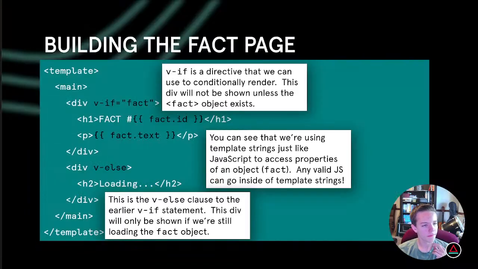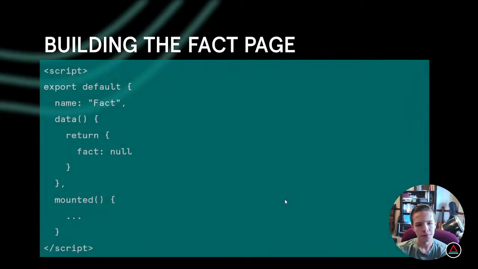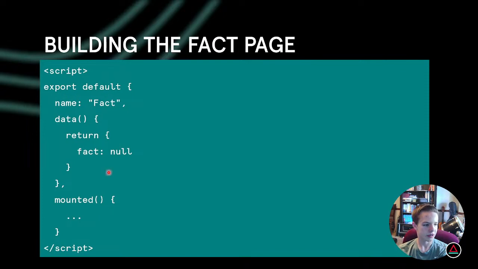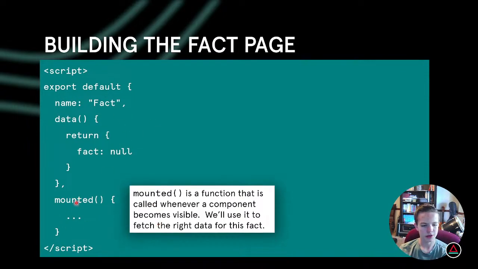Alrighty. So now, continue writing this. So, here's kind of what our data will look like. And mounted here is a function that's called whenever a component becomes visible. Remember, we referenced the mounted function earlier, and we'll use it to fetch the right data for this fact.